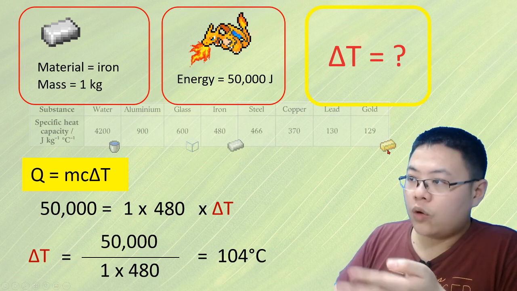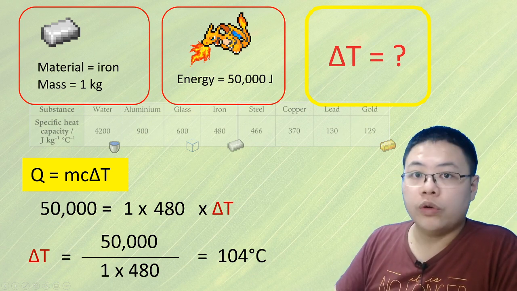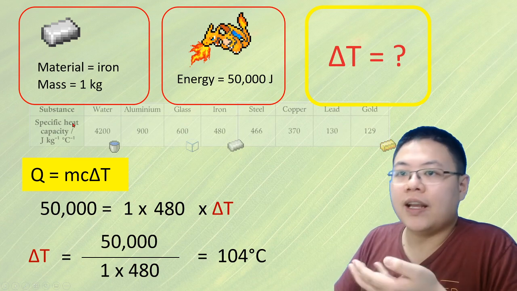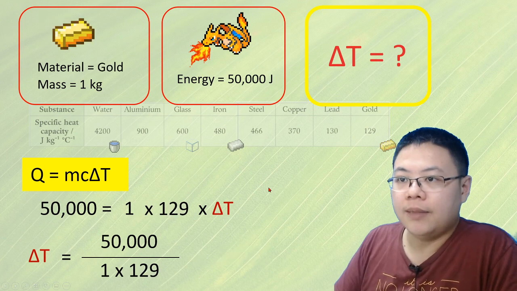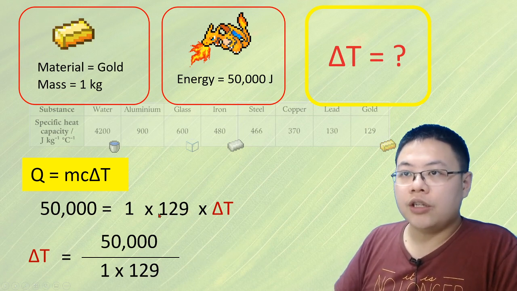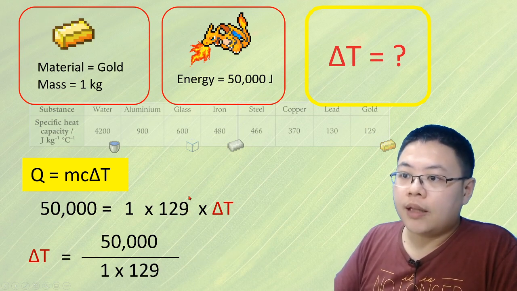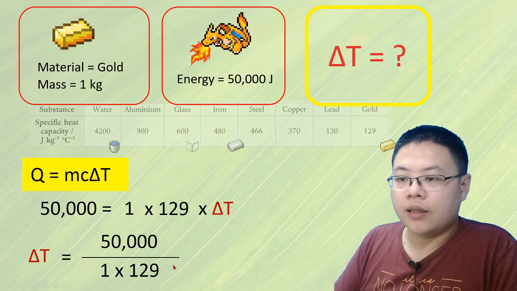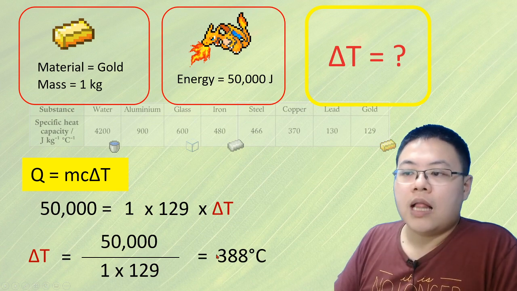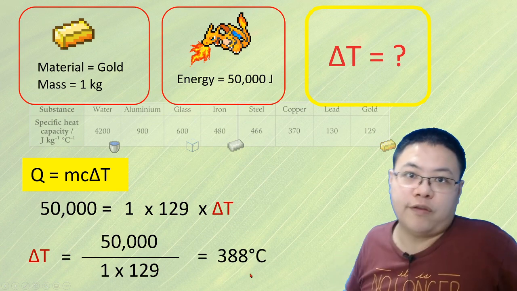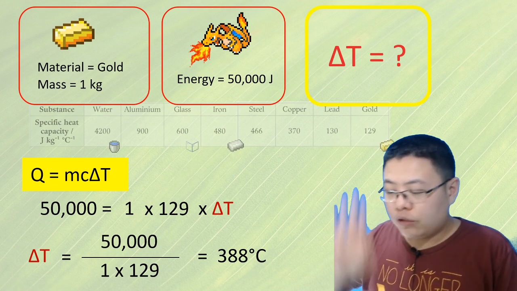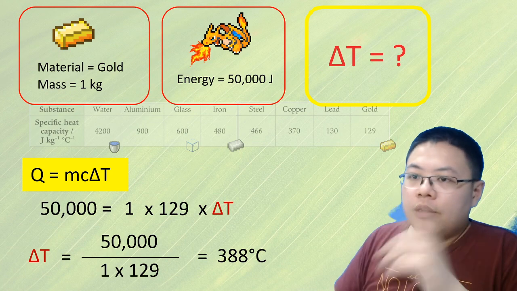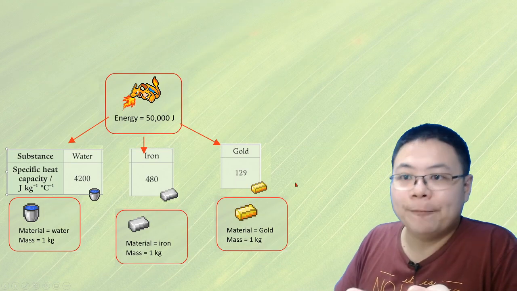Okay, so let's go to the extreme. For example, gold. In this table, gold has the smallest specific heat capacity, C. When we change it to gold, the number is changed to 129. And then with the same method, the change in temperature is almost 400 degrees Celsius. If you touch it, your hand will get injured. So have a look here.